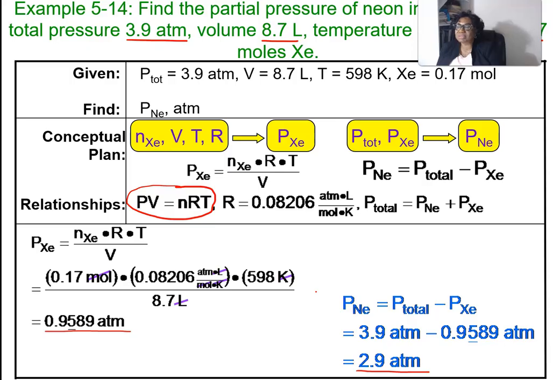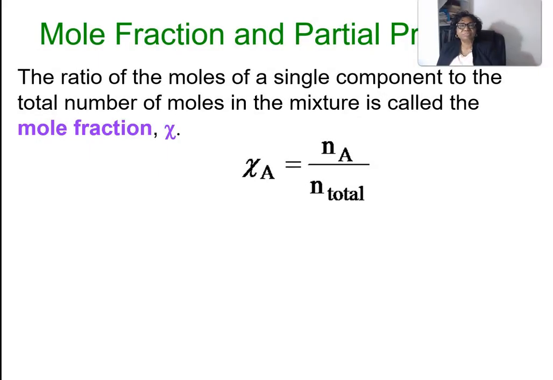We want to look at mole fraction. The mole fraction is the ratio of the moles of a single component to the total number of moles in the mixture. That's mole fraction. And the equation is Na over N total.